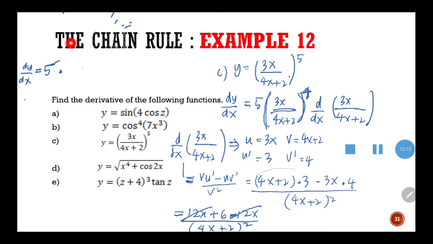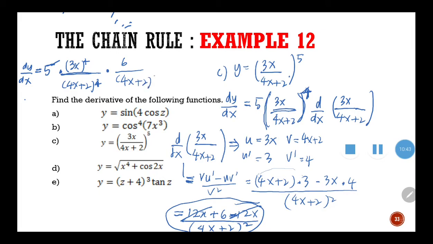Power of 4, you can separate it to become 3x power of 4 over 4x plus 2 power of 4 as well. Okay, then multiply with the derivative of 3x over 4x plus 2 from before, which is equals to 6 over 4x plus 2 power of 2.